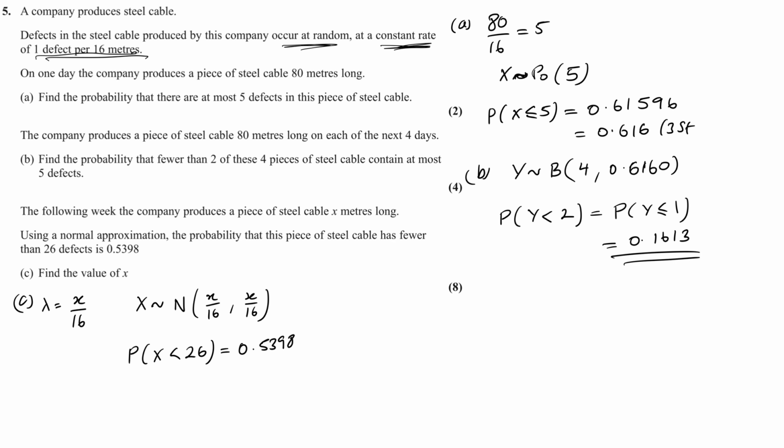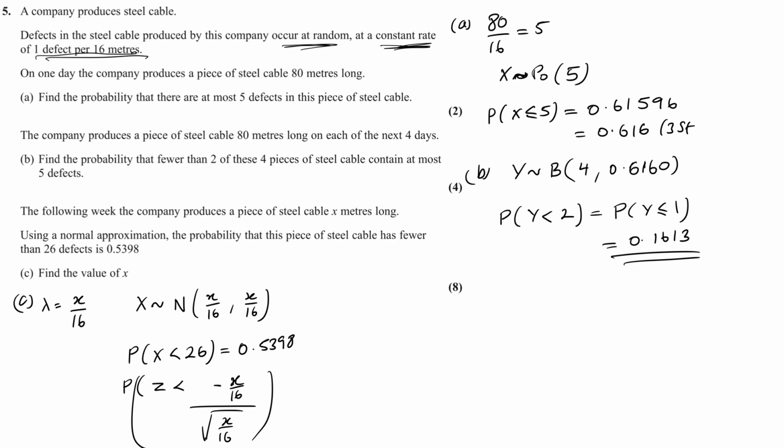So now we just need to put in what this is in terms of a normal distribution. So in terms of z, that is x minus the mean, I'm just going to leave the x a moment, over the standard deviation, so the square root of the variance. Now, we've got to be careful with the x here.